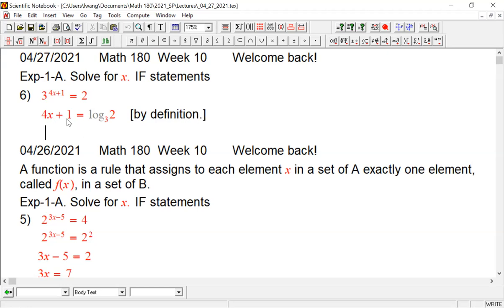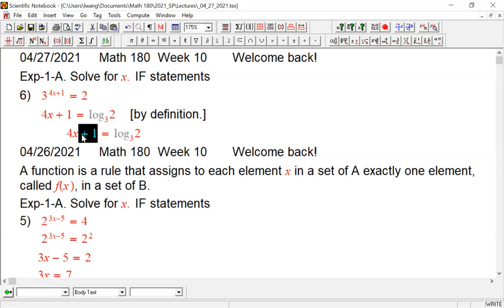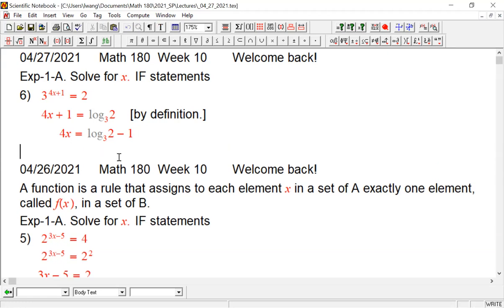And then we just subtract 1 on both sides. Minus 1. And divide both sides by 4, or multiply both sides by 1/4. Okay, multiply both sides by 1/4.